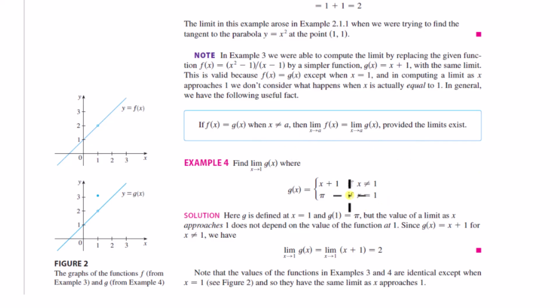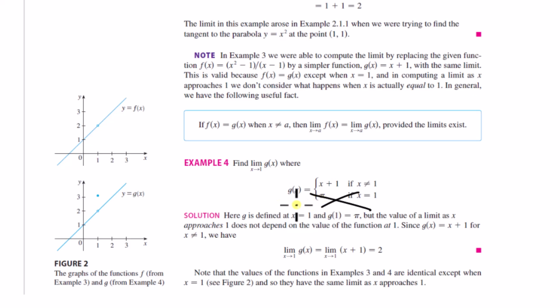They're saying that, look, we've got some function here that is x plus 1 everywhere where x is not equal to 1, but something else when x is equal to 1, and we're dealing with a limit of this function as x approaches 1, well, we don't care about this. This could be equal to a leprechaun here, like we talked about before, right?